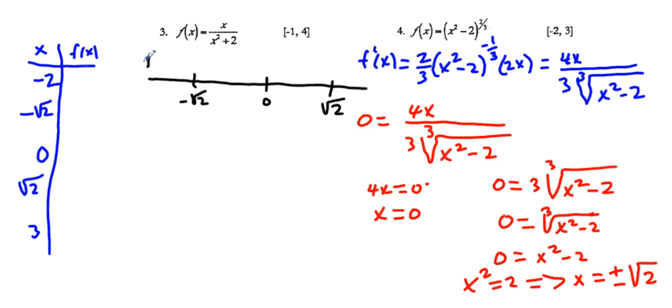And we're going to have f prime of x on top and f of x on the bottom. And here's our derivative right here. So at less than negative square root of 2, we'll say negative 3. Well, at negative 3, we would have this here.